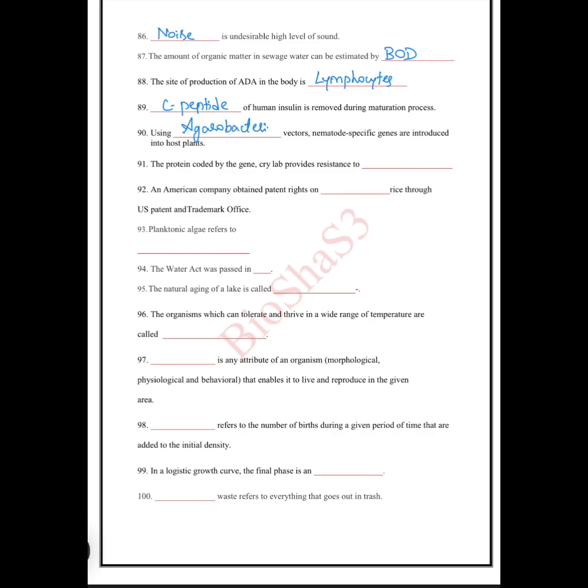Agrobacterium vectors introduce nematode specific genes into host plants. The protein coded by the gene cryIAb provides resistance to corn borer.